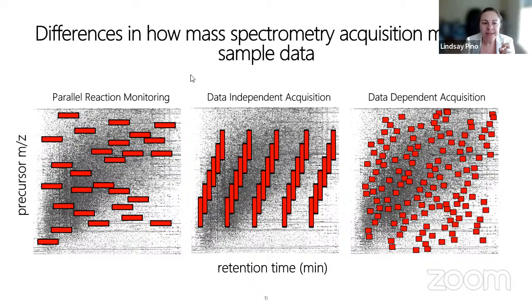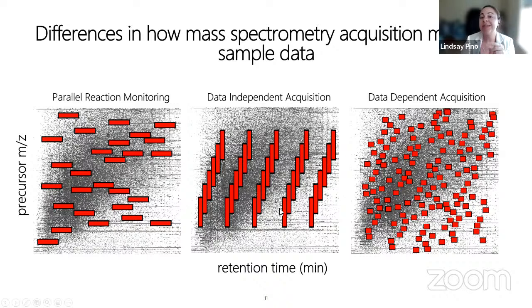So finally, with a data-independent acquisition, it almost looks a little bit more like parallel reaction monitoring, but tilted 90 degrees. With a data-independent acquisition, instead of scheduling the instrument for specific chunks of retention time, now we schedule the instrument for chunks of m/z, and then over retention time, just keep monitoring across that cycle of m/z.